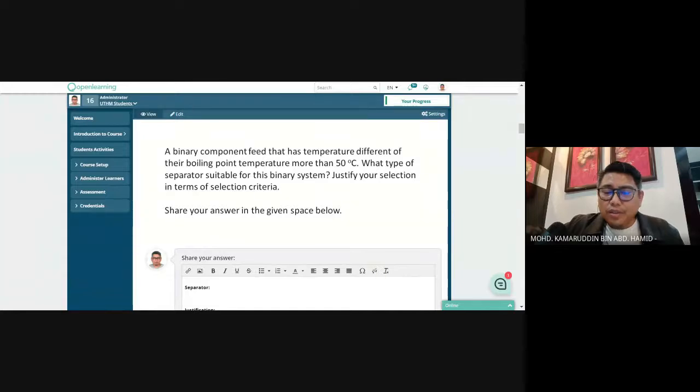Which of 1 to 7 is suitable for this kind of problem? Remember, it's just a binary, so you can separate it using the simplest separator possible. And the delta TB is also very big, more than 50 degrees C.